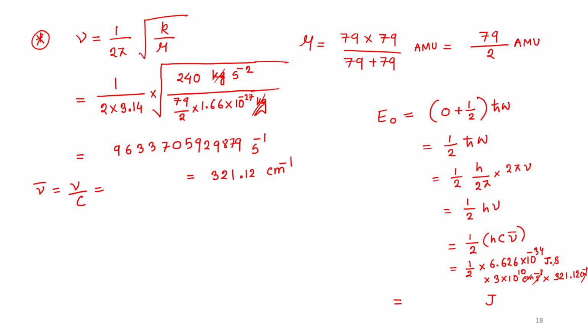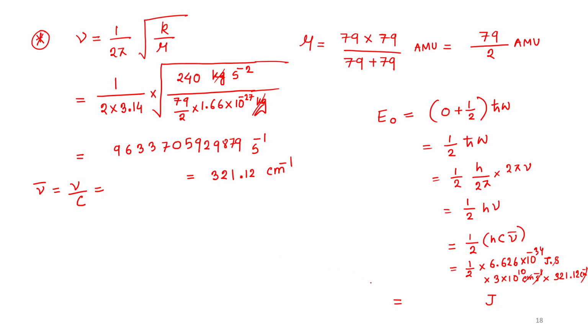So 321 point this multiplied by 3 into 10 to the power 10 multiplied by 6.626 into 10 to the power minus 34, divided by 2.